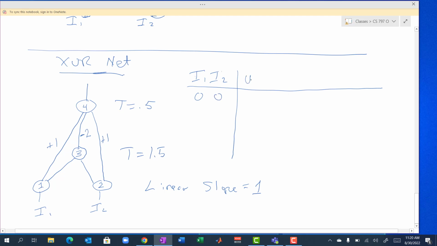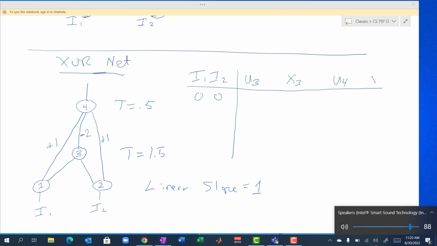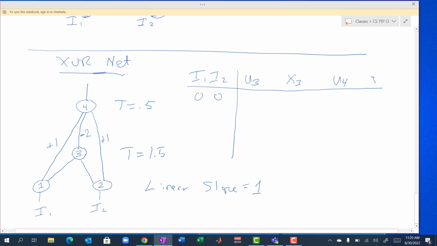We need to calculate U3, the net input for neuron 3. We have to calculate the output of neuron 3. Then we're going to have to calculate the net input for neuron 4 and the output for neuron 4.